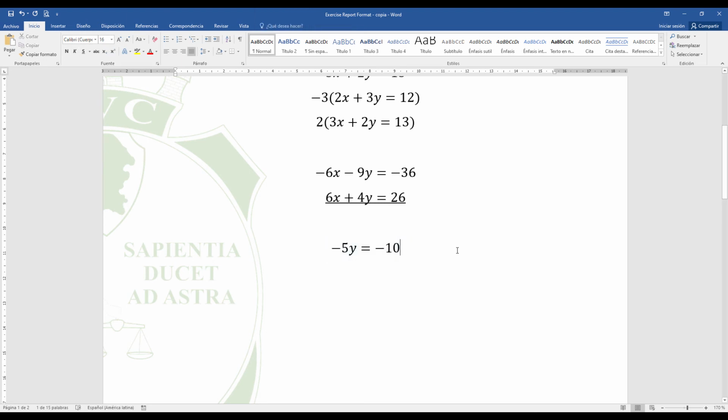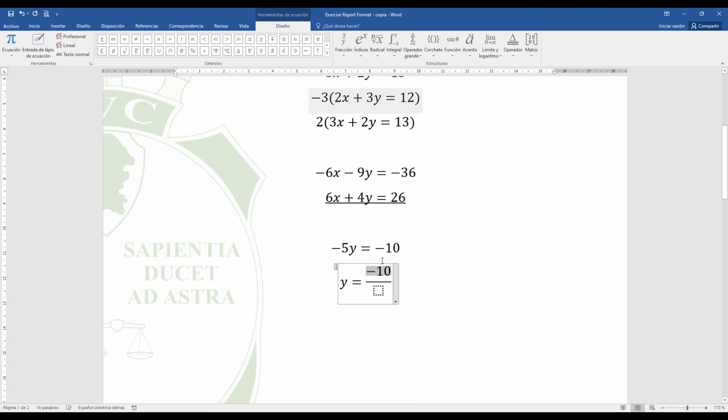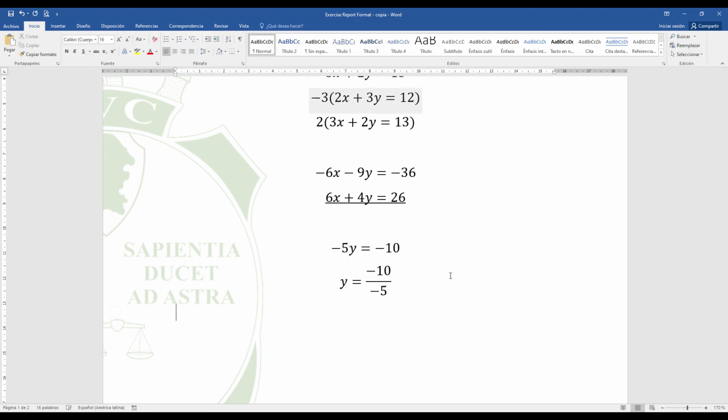So you need to clear the variable. That value passes to the other side, dividing, and you get that value.